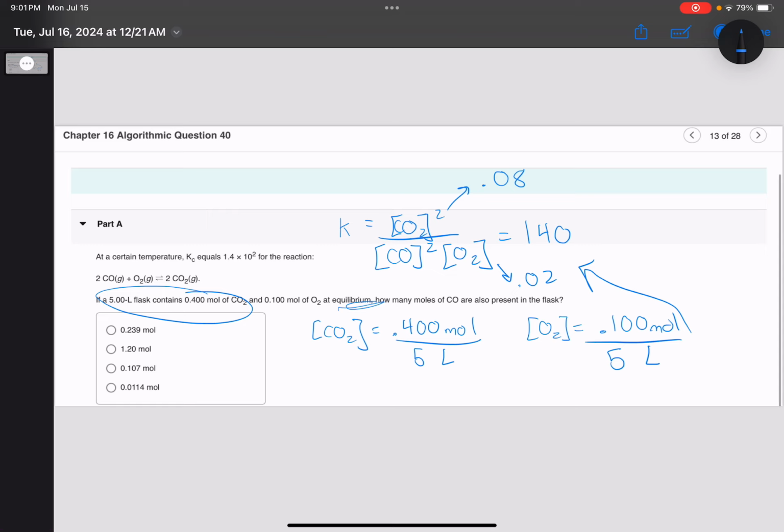So I'm just going to go ahead and solve that out. I'm not going to go through all the rearranging of it for you. You guys can do that. I need to square this value first, though. Don't want to forget that.